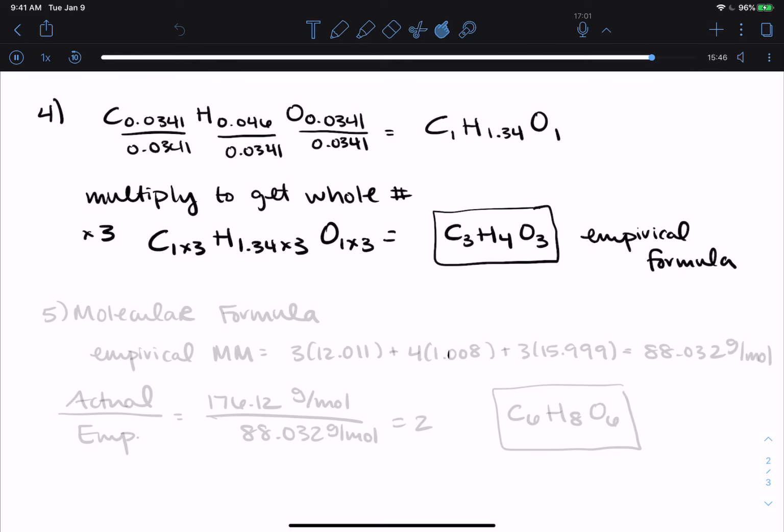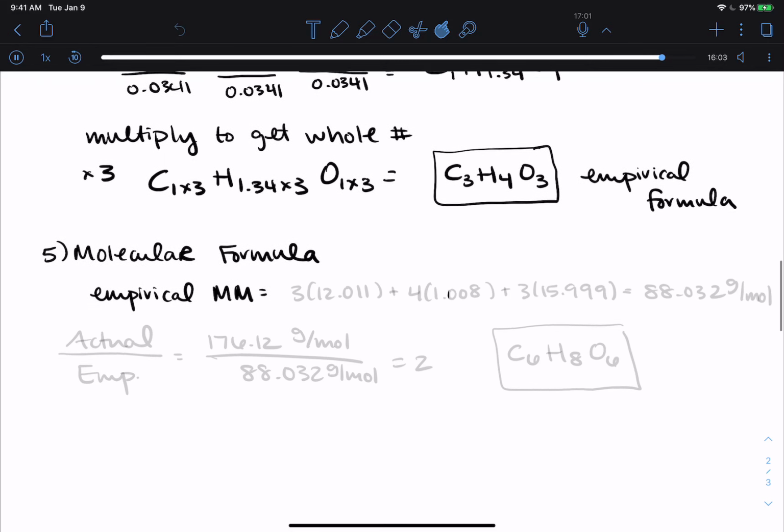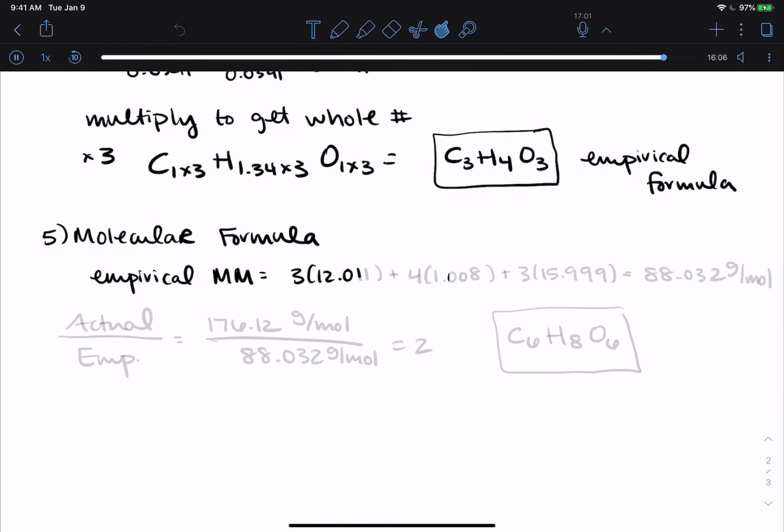Okay, now we do have the molar mass, so we can find the molecular formula here. So I need my empirical molar mass, which is 3 times 12.011 plus 4 times 1.008 plus 3 times 15.999, which is 88.032, which does not match, so I do need to divide.